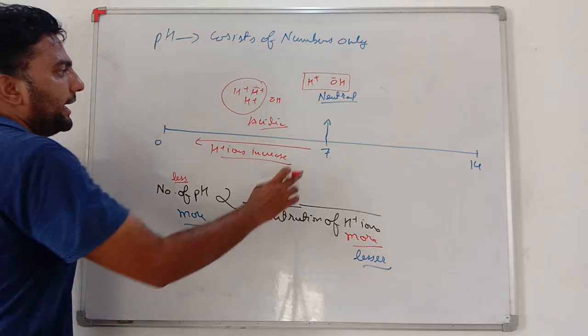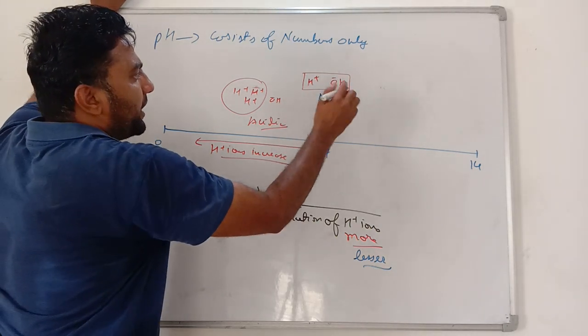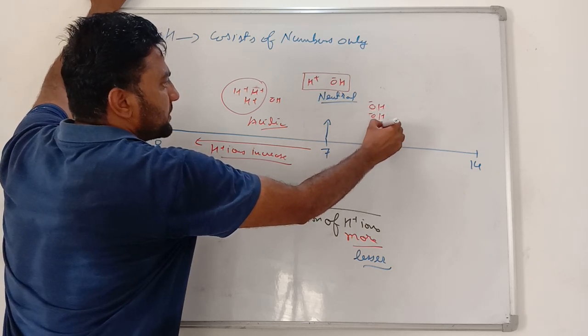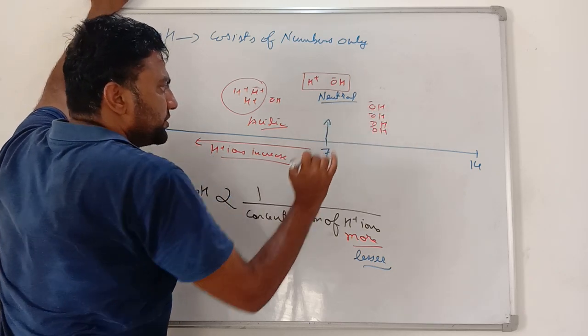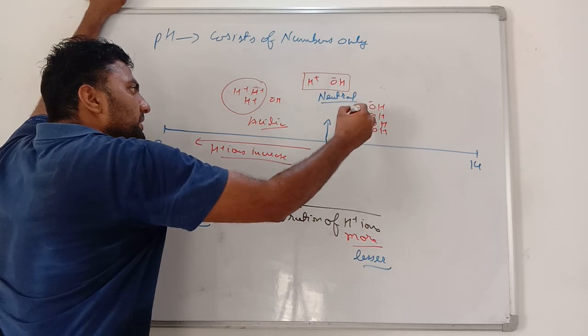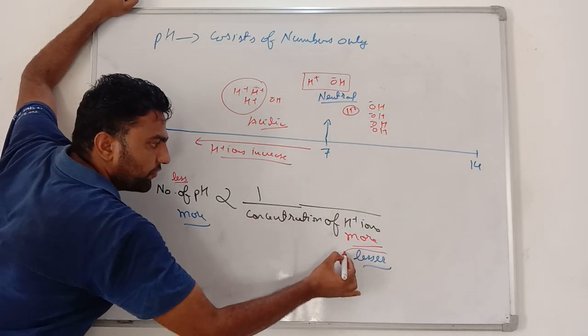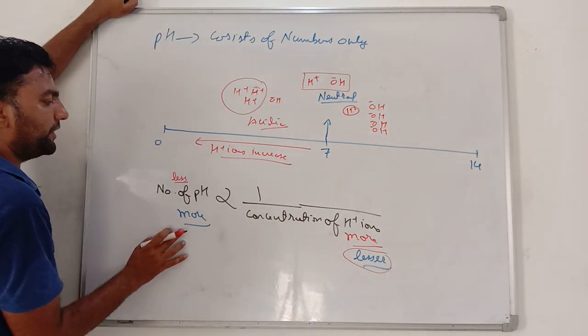At 7 it has H plus and OH minus the same, but if OH minus is very large, it means H plus is less. If the concentration of H plus is less, then the pH is more.